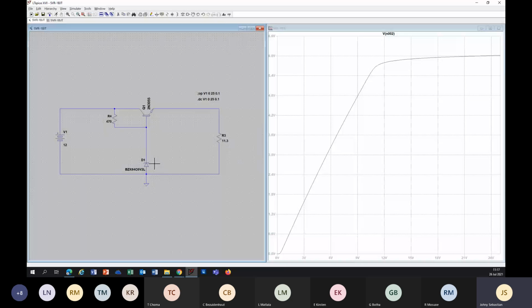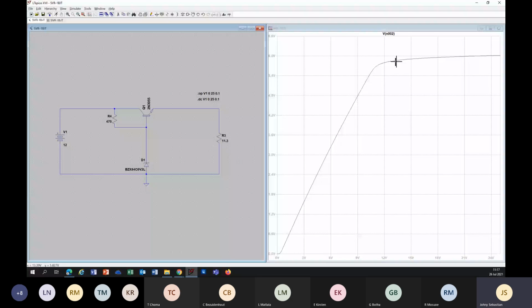Okay, this is a series voltage regulator. It is regulating, you can see output is around 5.5, 5.6. It is almost constant. But this is not the best regulator in the world. Simple reason, you can see the output is changing in between.